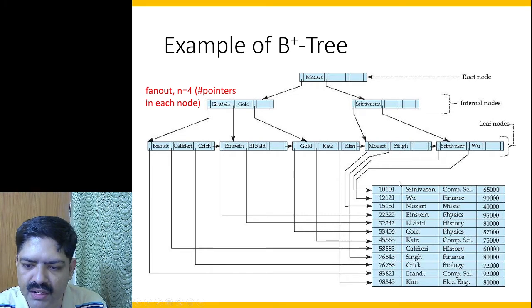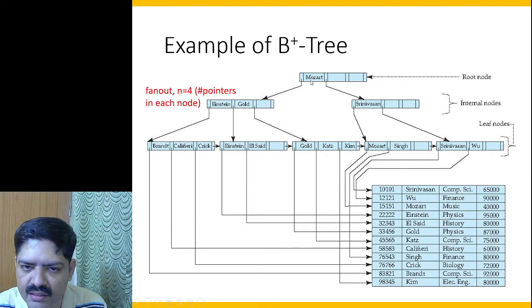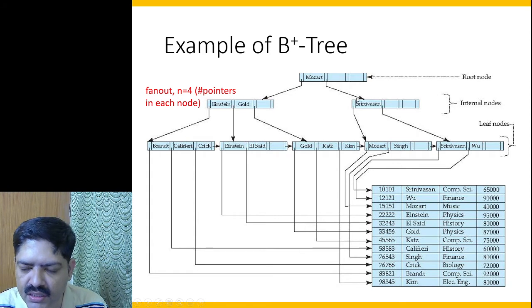For example, if a query comes as Brandt, then I know that the pointer just before Brandt would take me to the row directly where Brandt exists. To reach Brandt, I start from the root node and take the first value, which is Mozart. And then I ask, is Brandt lesser than Mozart or greater than Mozart? If Brandt is lesser than Mozart, I would take the left path. If not, I'll take the right subtree of Mozart.